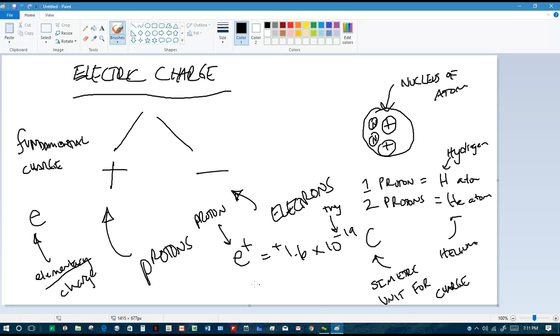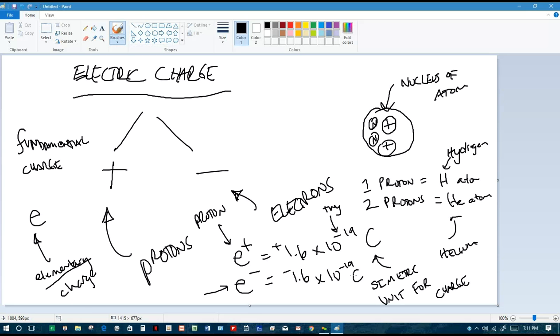The charge of an electron is normally written as E minus. So E, again, stands for elementary charge, and the plus and the minus in the superscript represent whether it's referencing a positive elementary charge or a negative elementary charge. An electron has the exact same charge as a proton, but negative.